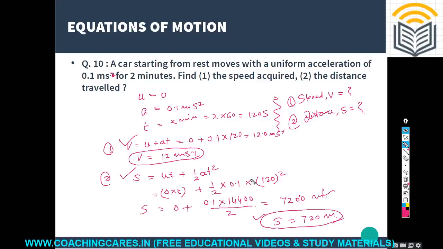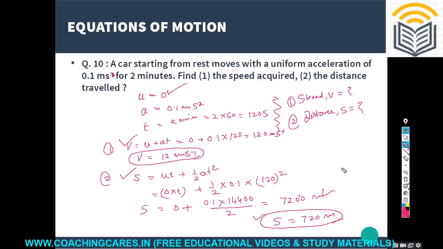We have to analyze and understand the conditions, whether the object is at rest or in motion. If it is at rest, we will consider the initial velocity 0. Then we can find the final velocity or final speed of the object, and like that we can resolve many numerical problems by using all the 3 equations of motion in this chapter.